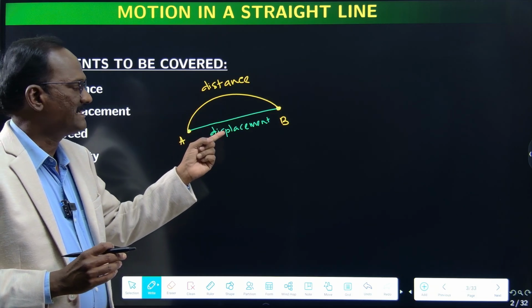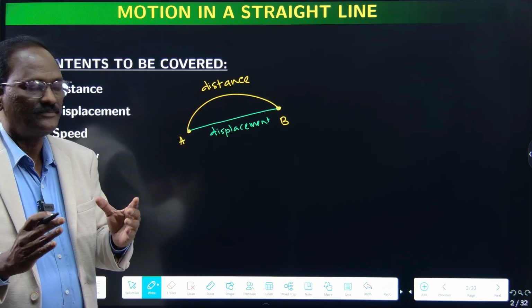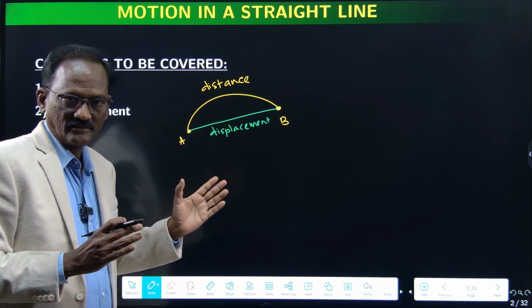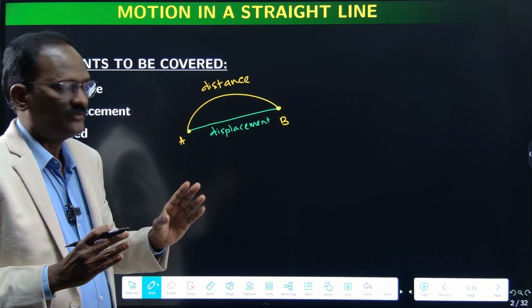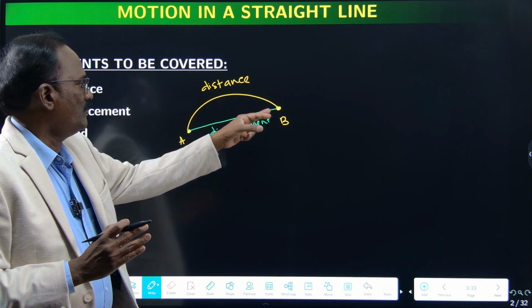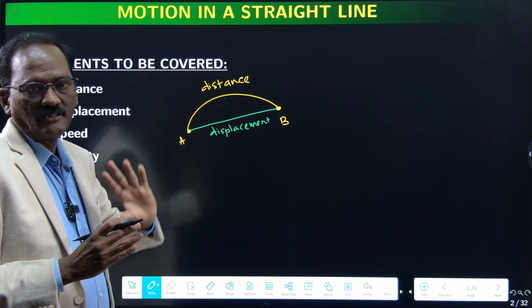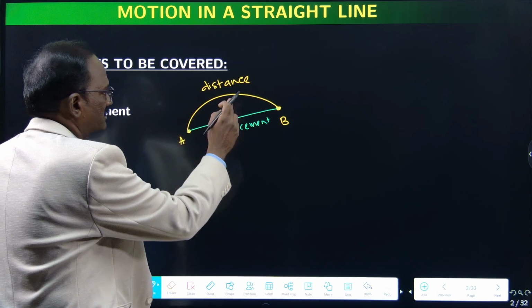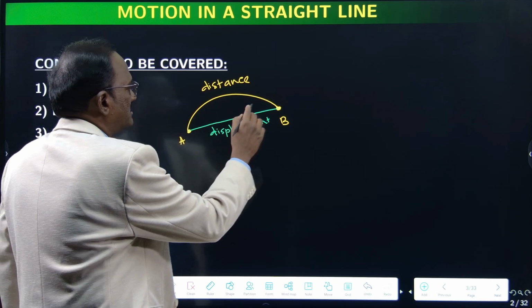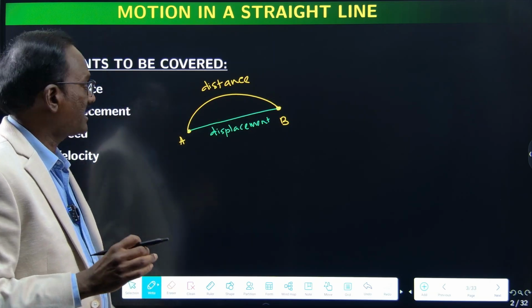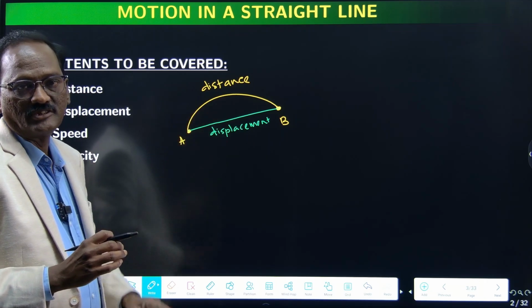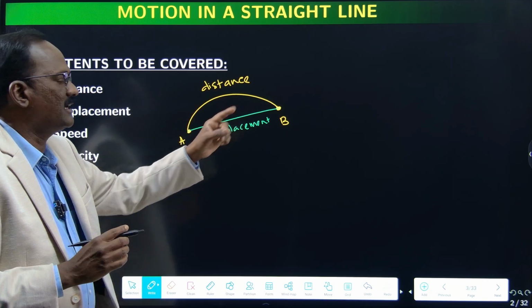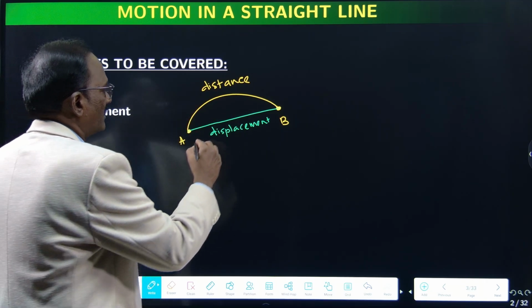Both the distance and the displacement describe the motion of the object, how the object is moving. If it is moving in this direction, in this path, it is called distance. This is a straight line connecting the two positions. This is the starting end and this is the finishing end.